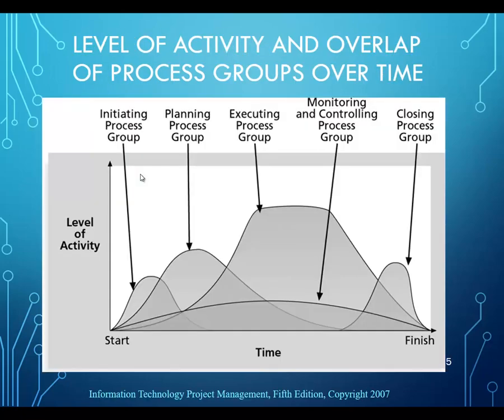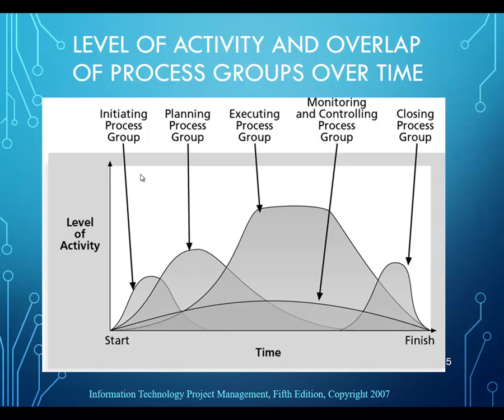This is another graph, different than the one that we explained in the previous lecture, and you can see the different process groups or phases overlap with each other, where some of them will start at the beginning and will assist in the project execution.